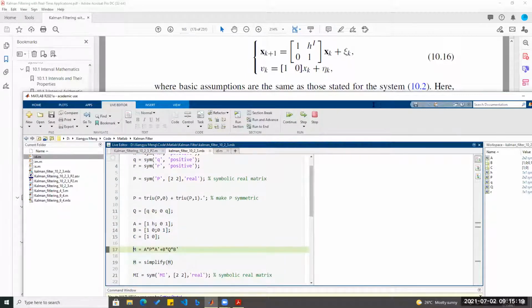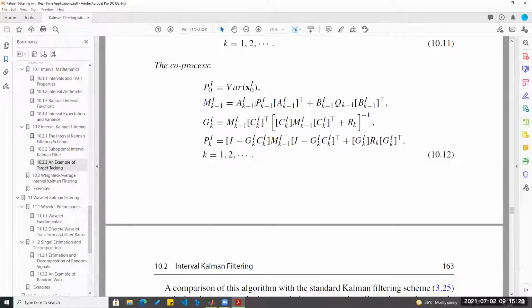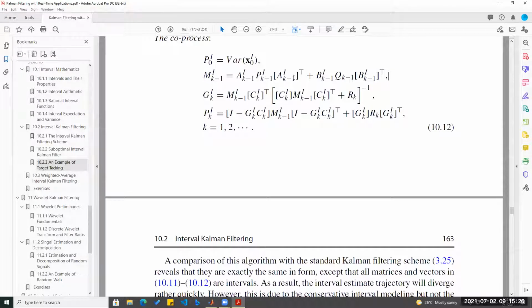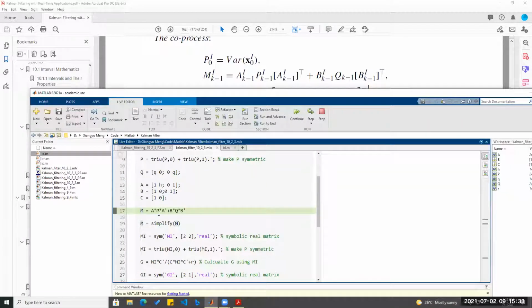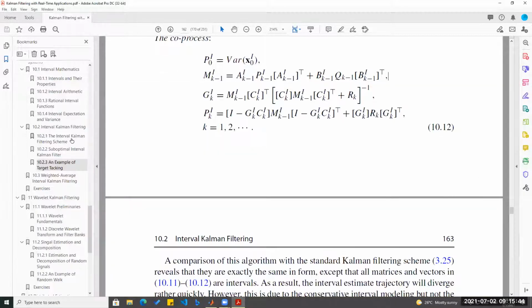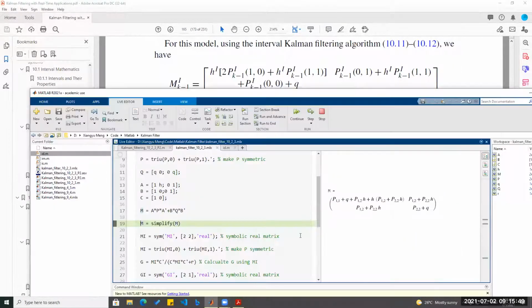So let's look at the equation. M is A P A transpose plus B Q B transpose. See? So this is the M. If I run one step, this is the M, and if I compare to M here, it's very close, but we can further simplify.